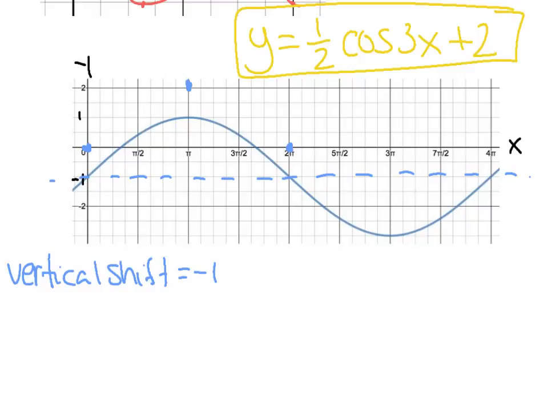At 3 pi, instead of being at -3, I'm going to be at -2. And then at 4 pi, instead of at -1, I'm going to be at 0. So that's my graph before I shift. I'm just going to sketch it out here just so I can see what's going on.